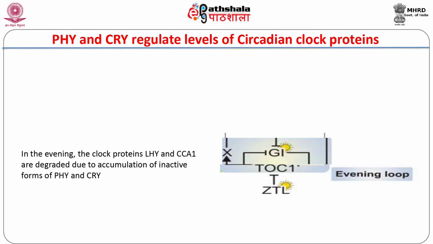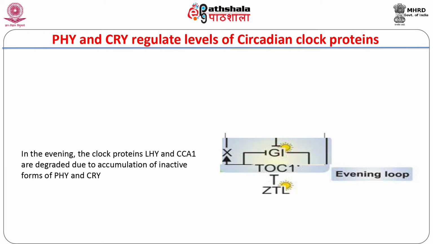Expression of Gigantea peaks in the late evening and it forms a complex with another protein, Zeitlupe or ZTL, which is an F-box protein and brings about proteolytic degradation of TOC1 in light. In the dark, Gigantea and Zeitlupe are inactive, which allows TOC1 expression in the dark. TOC1, like CCA1 and LHY, is an oscillatory protein.